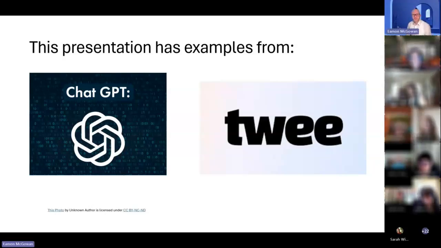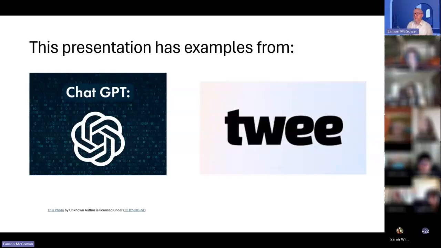Okay. Good. So we definitely have some people that have. So those of you feel free to add information into the chat when we get to that section. And a lot of you haven't, and you're gonna love it. And I know tomorrow's presentation too, we'll talk a little bit about Twee as well, and definitely encourage you to do that. It is an AI bot, but especially for teachers like us, which is fantastic.